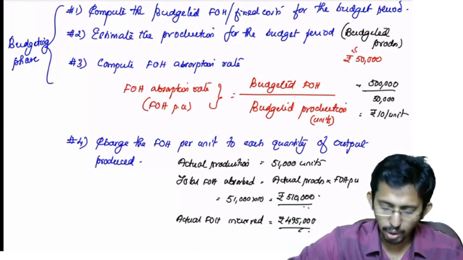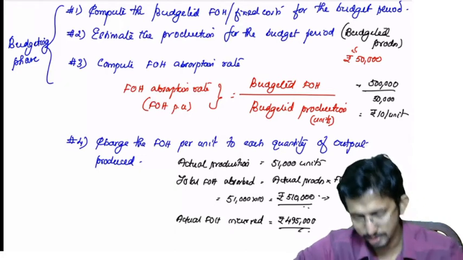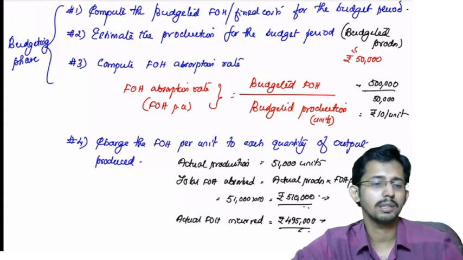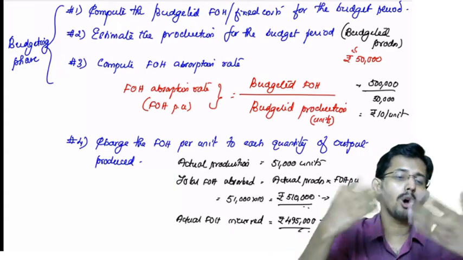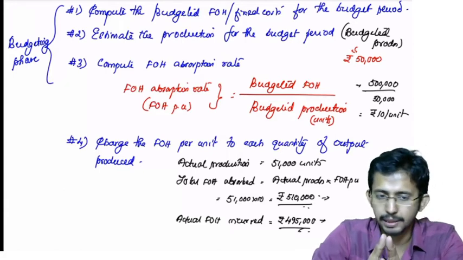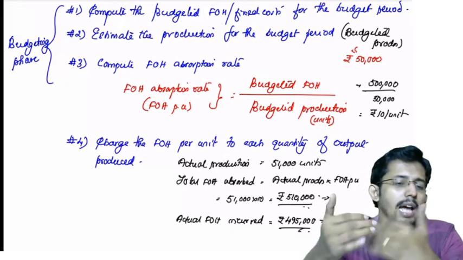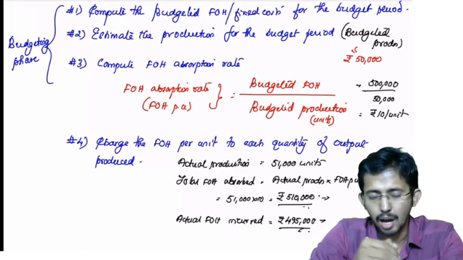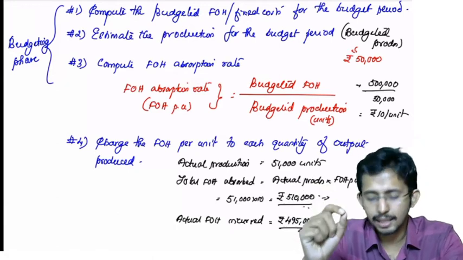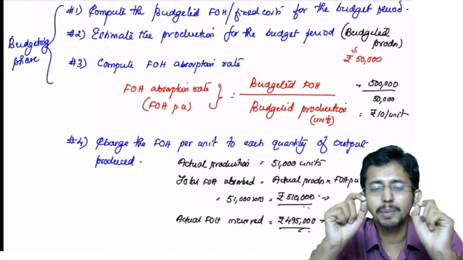So in the costing records, you will have FOH absorbed to the extent of 5,10,000, whereas FOH incurred is only 4,95,000, which means you have absorbed more FOH than what is actually incurred. So 15,000 rupees extra FOH has been absorbed.